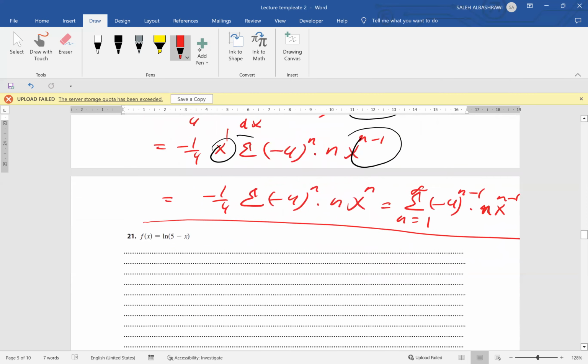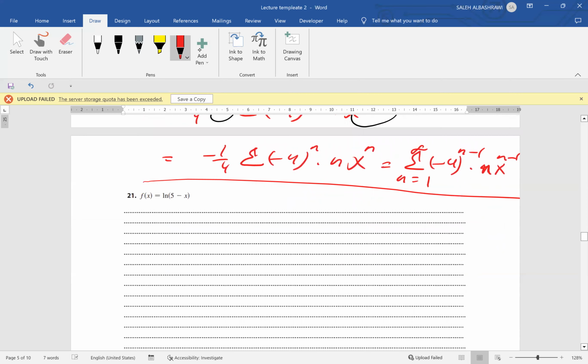Another example, f of x equal to ln of 5 minus x. Now 5 minus x, the question will be how this is related to the function 1 over 1 minus x, because as we said, this will be our key for the power series, 1 over 1 minus x.